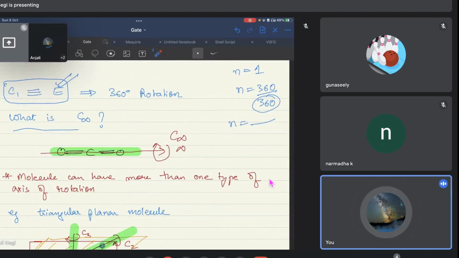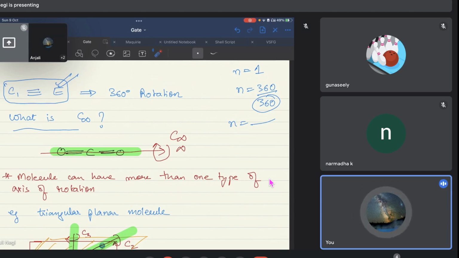A point to be noted is that for C1, n is equal to 1, that means n is 360 by 360. I am doing a full rotation of 360 degree, which is equal to identity E. So C1 is identity E. And what will be C infinite? C infinite you can understand by this particular molecule, CO2.